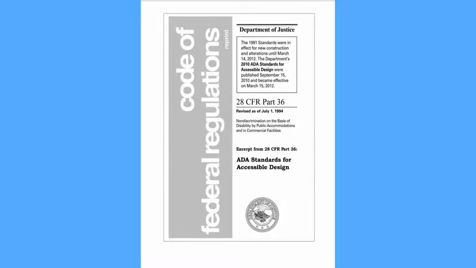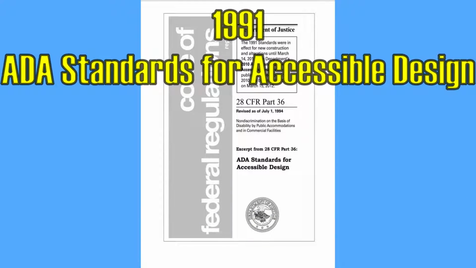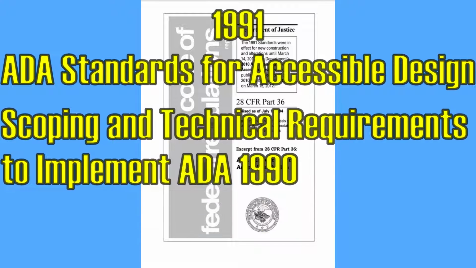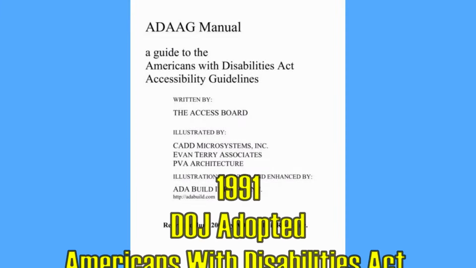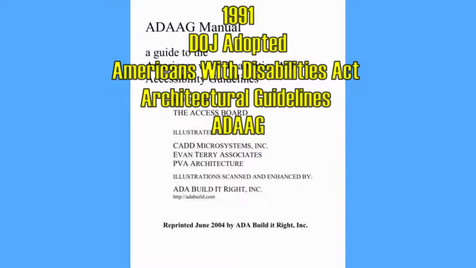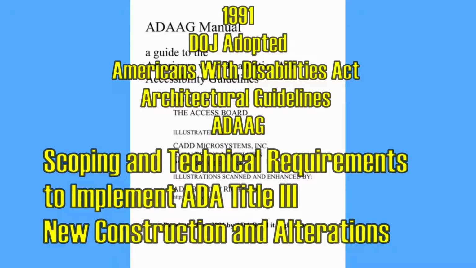The Department of Justice adopted the 1991 Americans with Disabilities Act Standards for Accessible Design. That contains accessibility, scoping, and technical requirements to implement the Americans with Disabilities Act of 1990. The DOJ also adopted the Americans with Disabilities Act Architectural Guidelines as its standard for ADA Title III new construction and alterations.